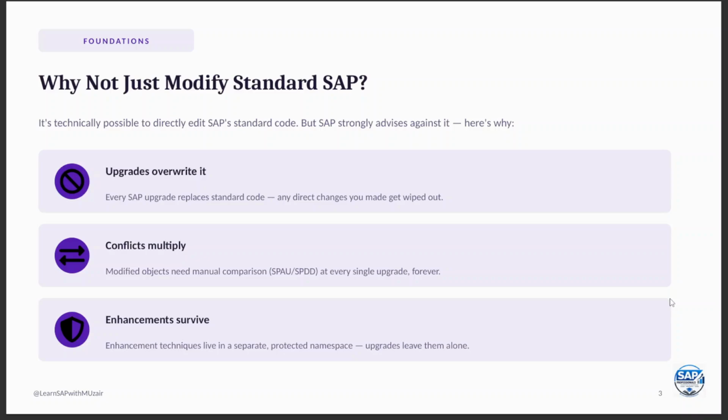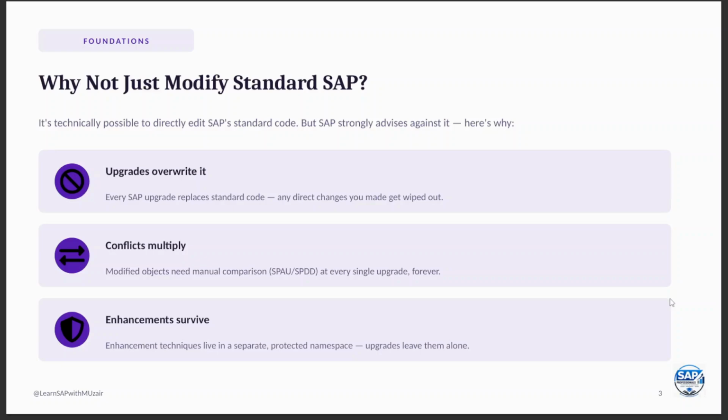The first point is upgrades overwrite it. Every time SAP releases an upgrade, it replaces the standard code completely. Any direct changes you made are simply wiped out.